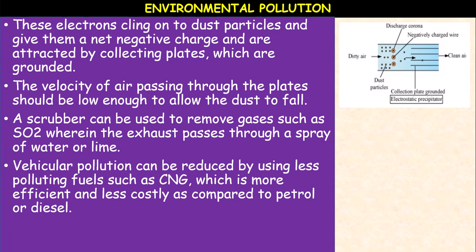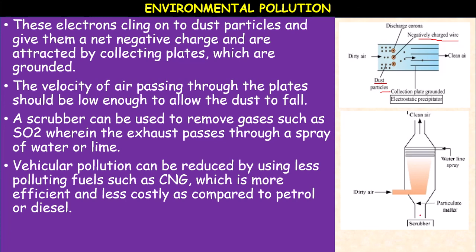And here you can see electrostatic precipitators. These contain a negatively charged wire which produces electrons. Those electrons attach to the dust particles and clean the air. The collection plate helps in settling down the dust particles.